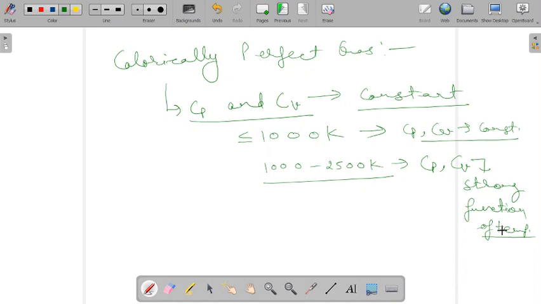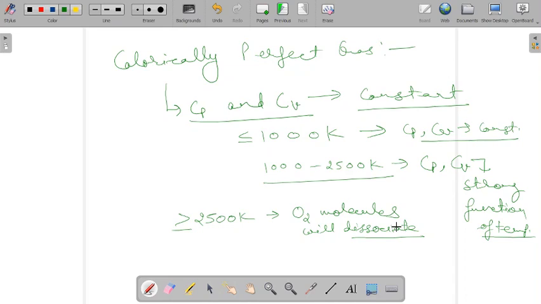If you go at temperature greater than 2500 Kelvin, then you will experience that O2 molecules will dissociate. If O2 molecules are dissociating, then obviously these will participate in the reaction.